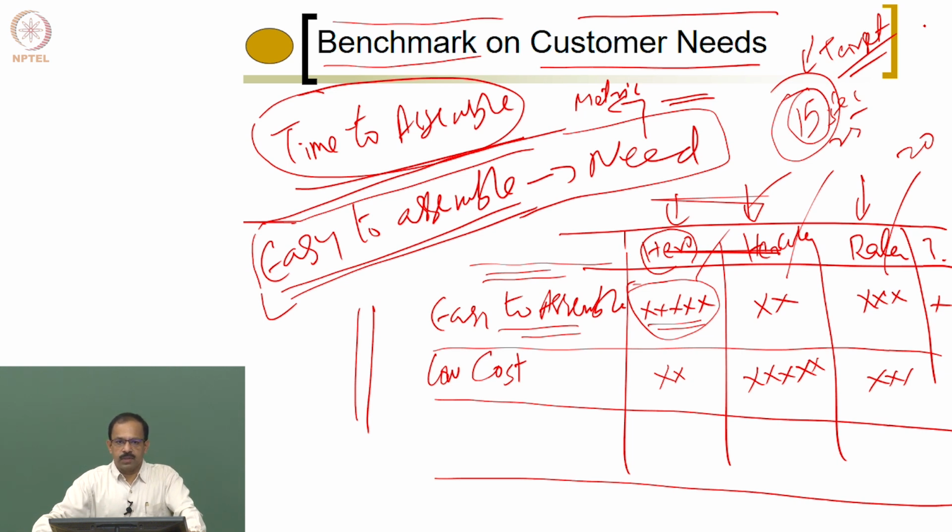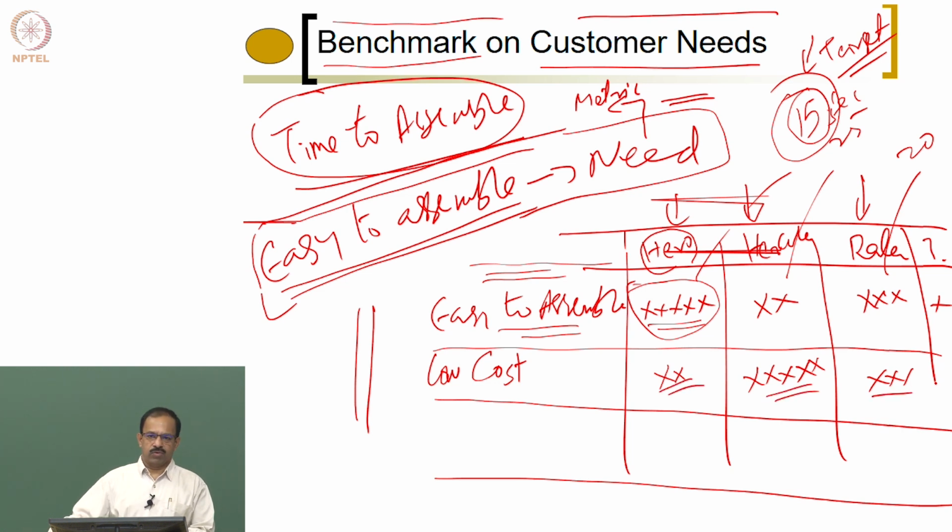Got it? So what we do is we look at the existing products, try to find out how well these products are satisfying the customer needs, and then take the values that these manufacturers use for the particular metric and see whether they can be used as your target values. It is not necessary that you should always use their values. That depends on many other factors.